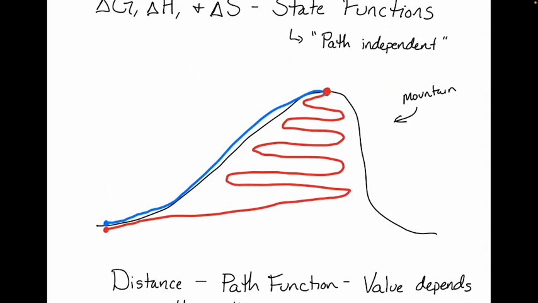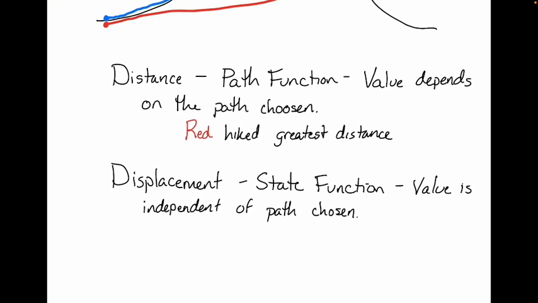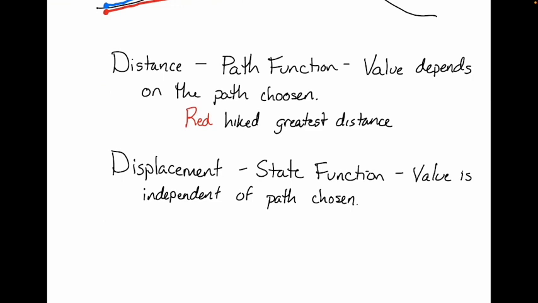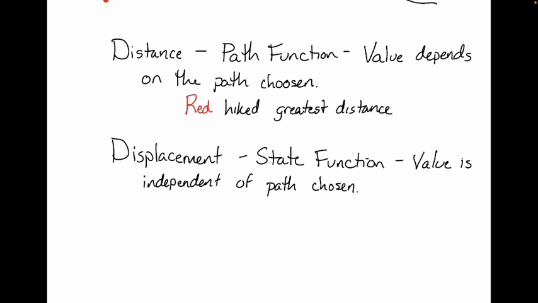Displacement is literally just the difference between where you started and where you ended. Both hikers started at the same place and ended at the same place. So even though the red hiker traveled the greatest distance, red and blue have the same displacement.